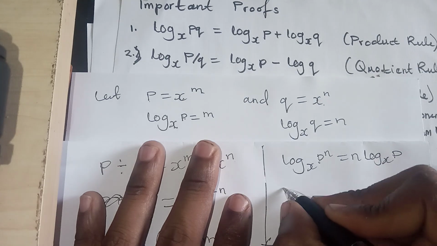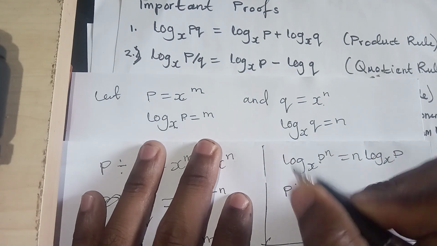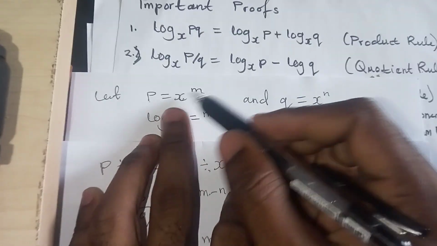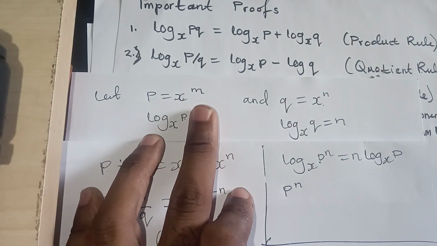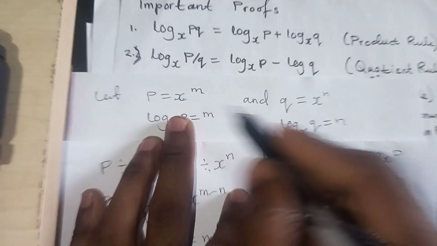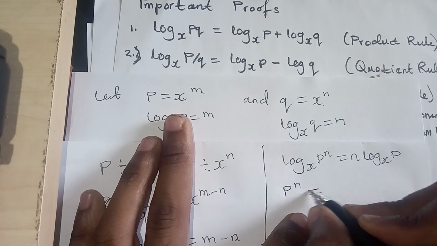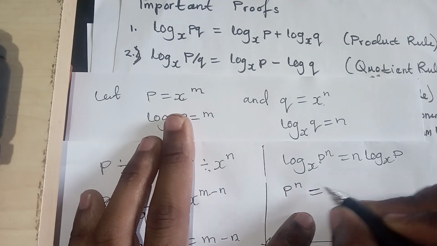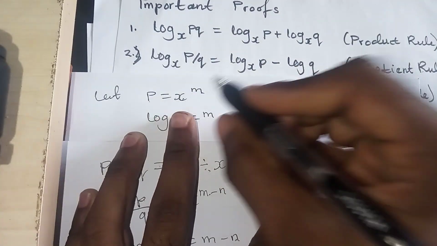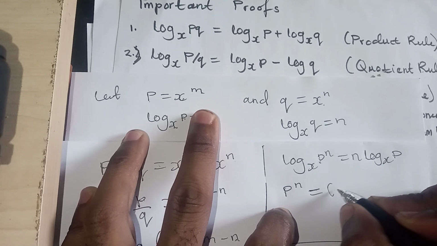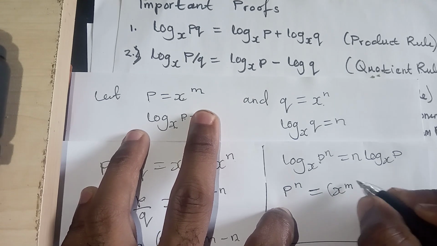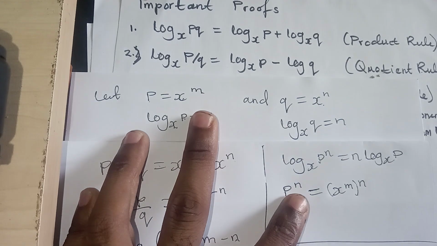So now you can just raise p to the power, p is x to the power m, so you can just raise it to the power n and still using this information. And then after you do this, you know that p is x to the power m, so this will be x to the power m, then raised to the power n.